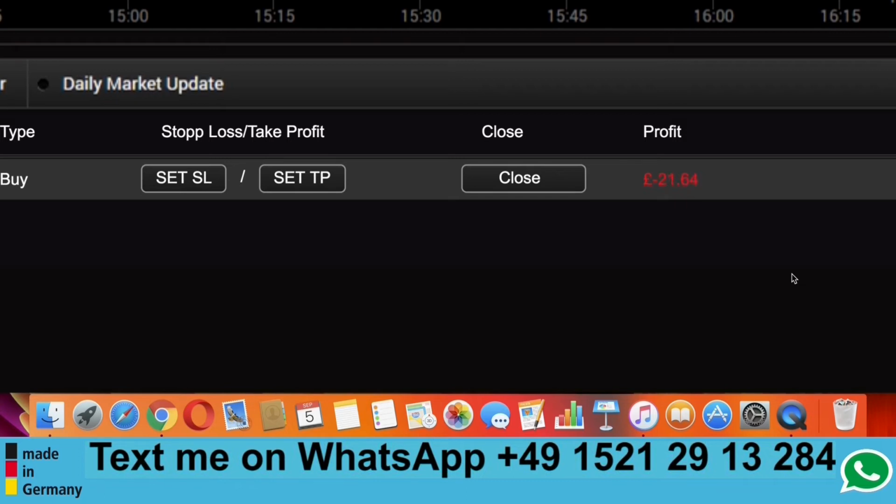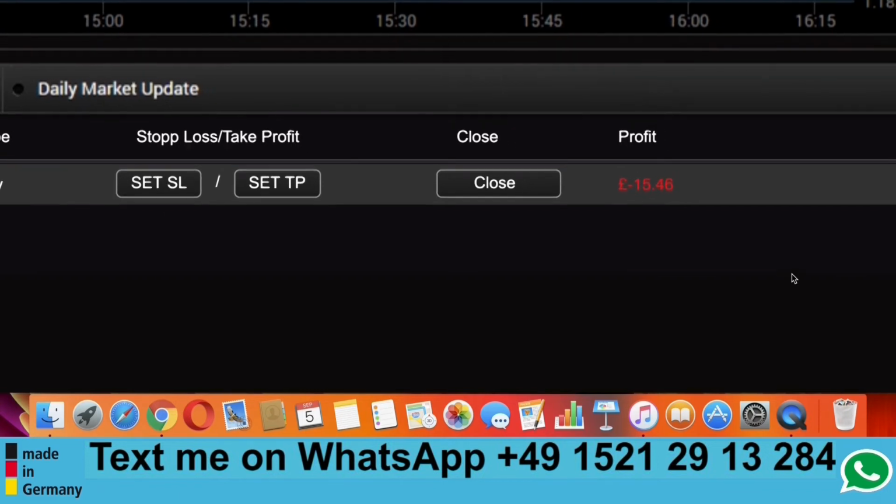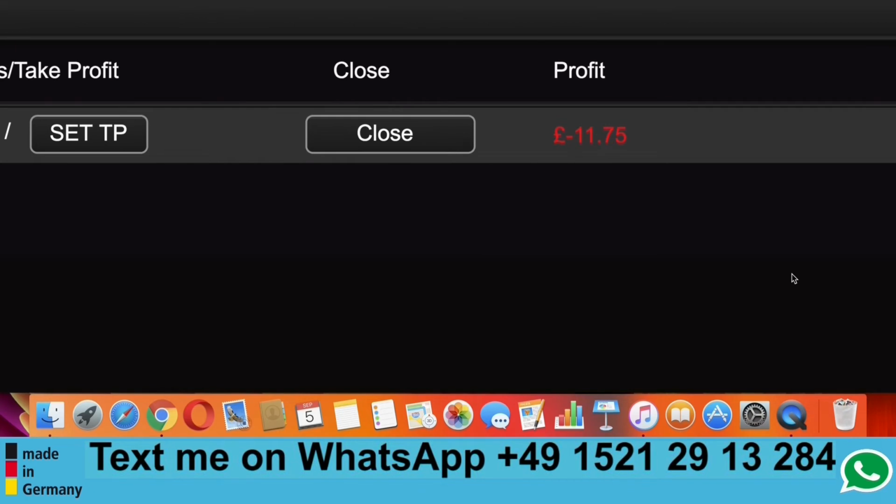Still in the minus, but as you can see, I make it a bit bigger for you. It's not a big problem because I will just wait until it hits double of what I just lost. I lost 32 pounds, not of my own money actually. There's only a small amount of my actual money in this trade.